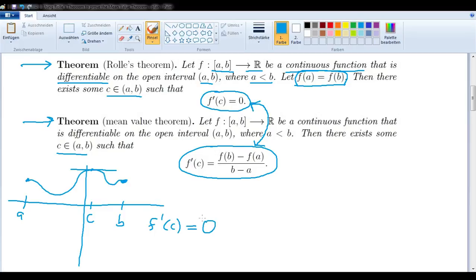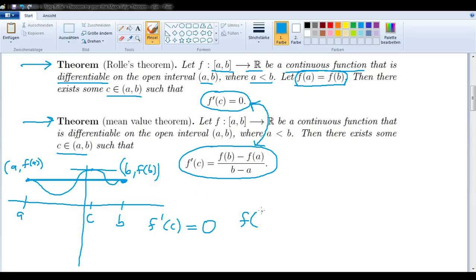But we could have said that a different way. We could have said, let's look at the line between these 2 points here, (a, f(a)) and (b, f(b)), and we want to know the slope of that line.